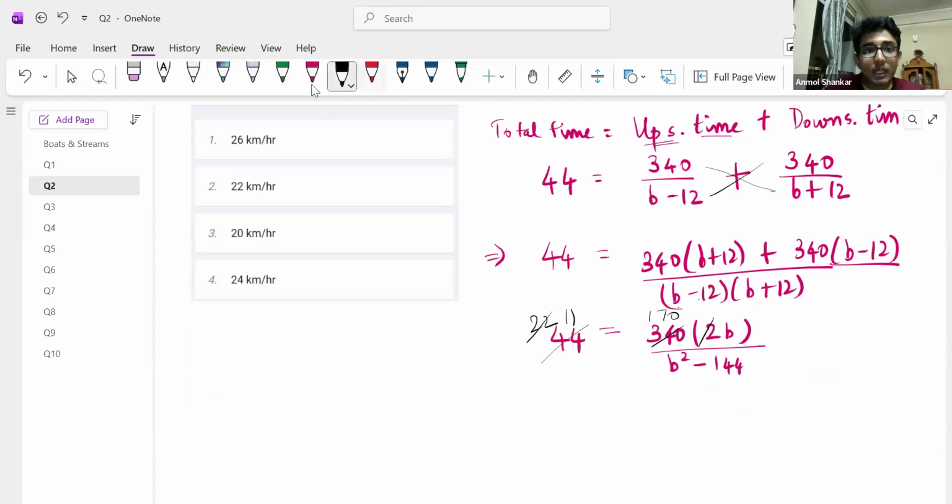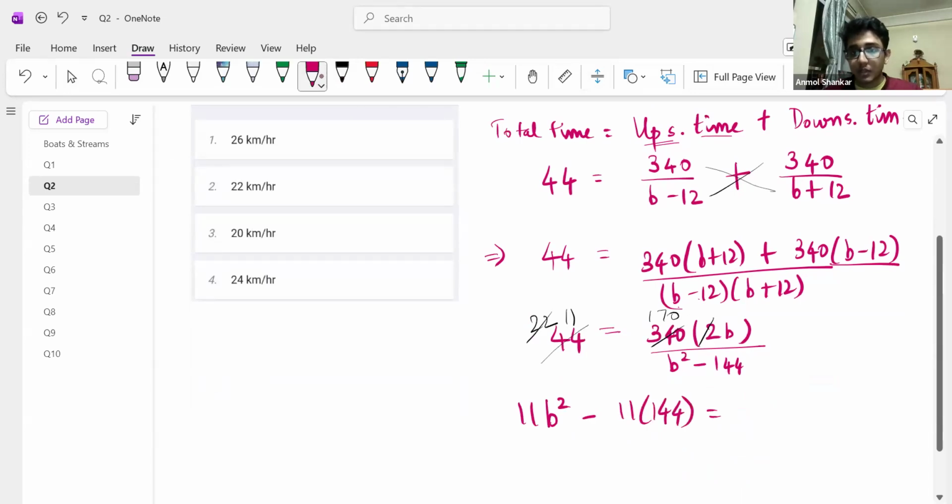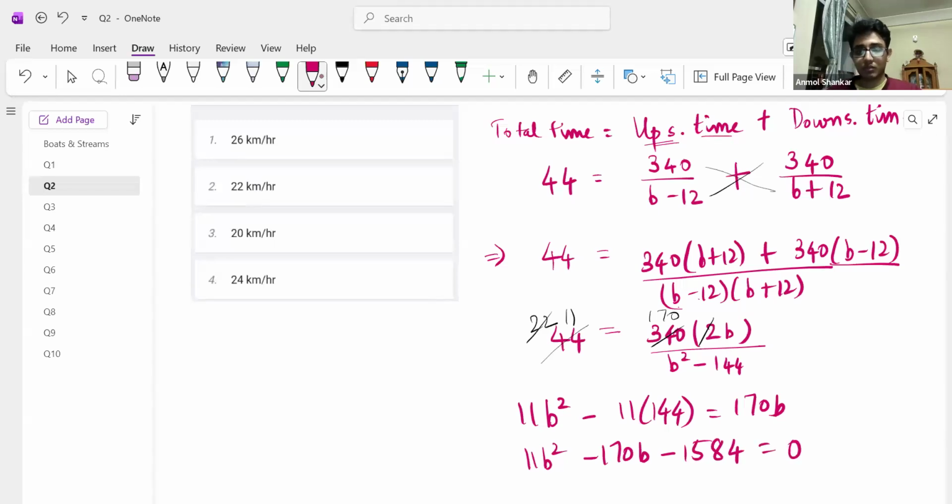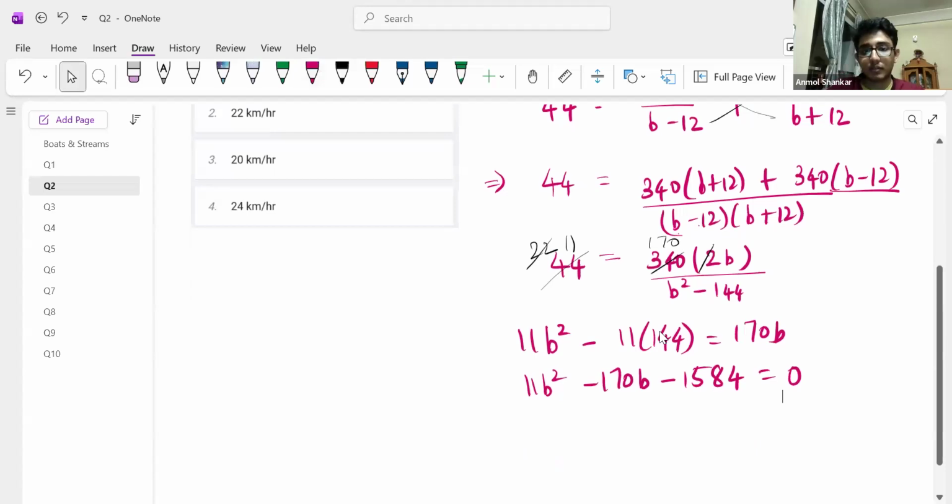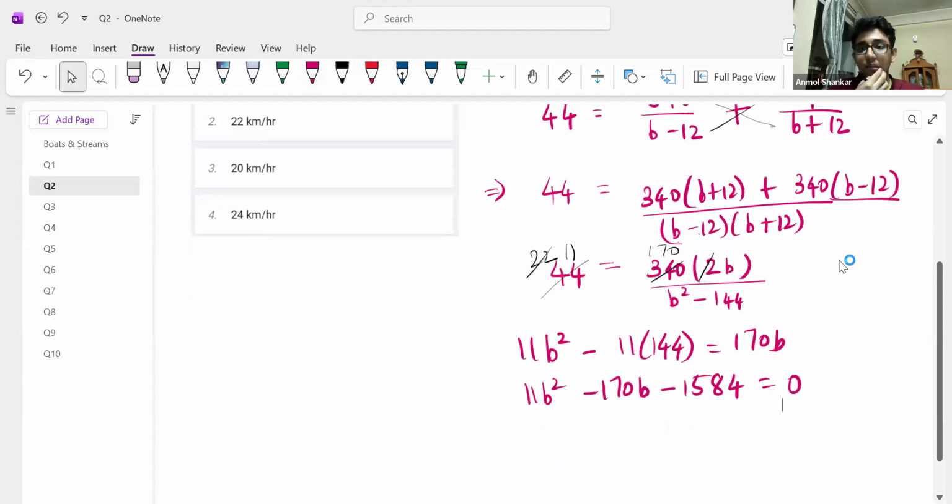It's looking weird. 11B square minus 11 into 144 is equal to 170B. So 11B square minus 170B minus 1584 is equal to 0. Have I made any mistake? It looks complicated.